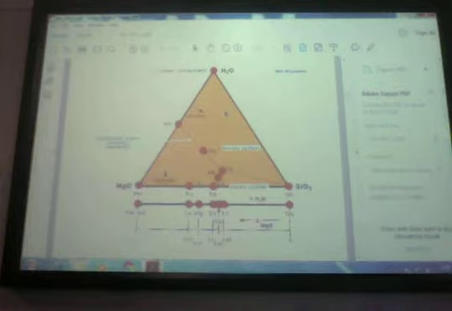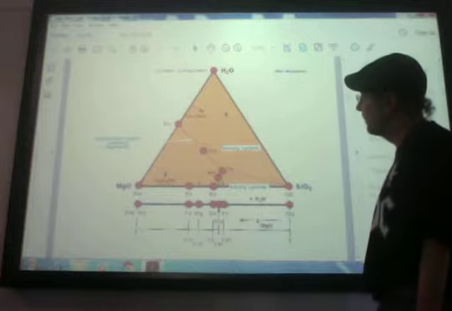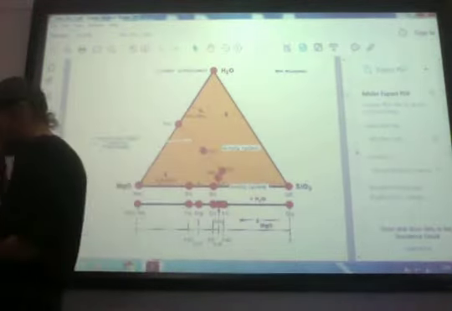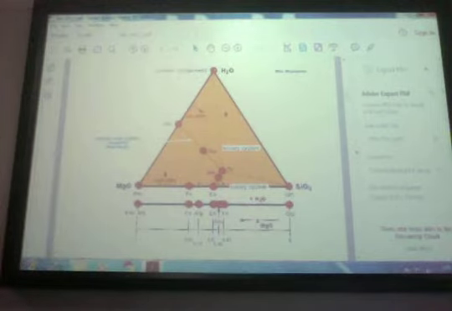Because otherwise you are thinking, that's nice to have such a triangle, but for what? I will show you now for what. So we have now this system that is a very easygoing system between these three components: water, MgO, and SiO2.